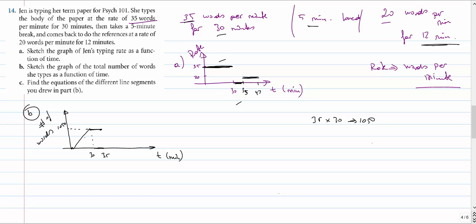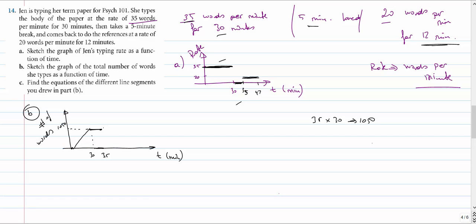I stay at 1050, and then 20 times 12 is 240.